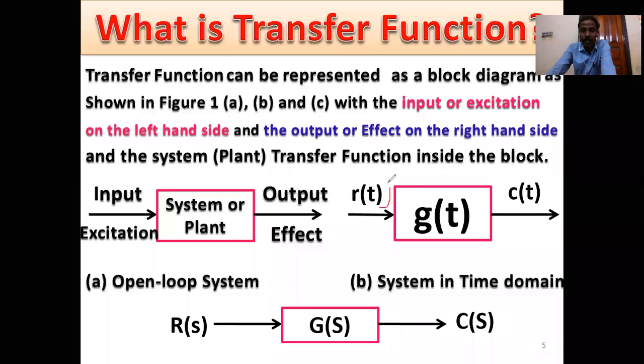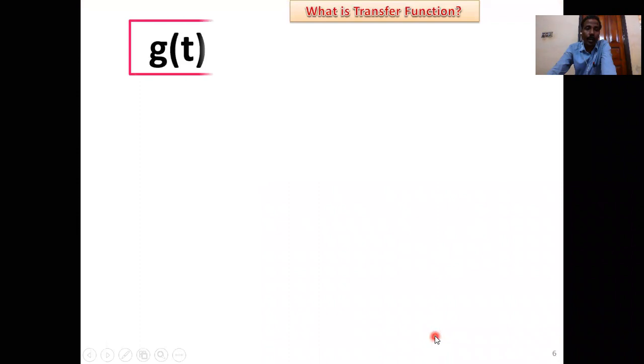That means the Laplace transform of R of t is R of s, the Laplace transform of G of t is G of s, and the Laplace transform of the overall output is C of s. This is the block diagram for the system in the frequency or Laplace domain.